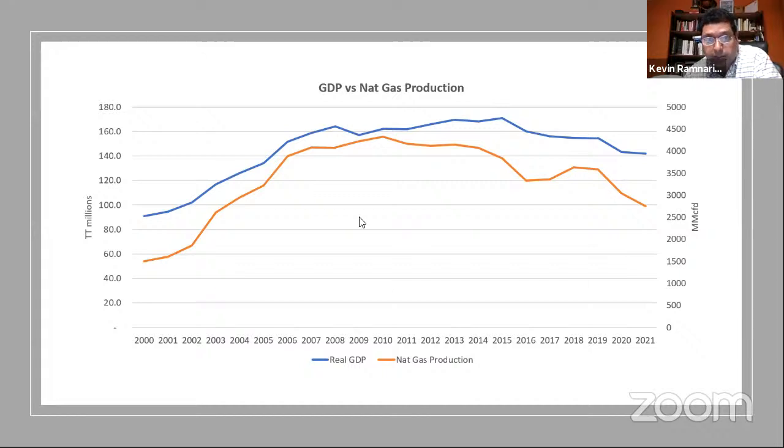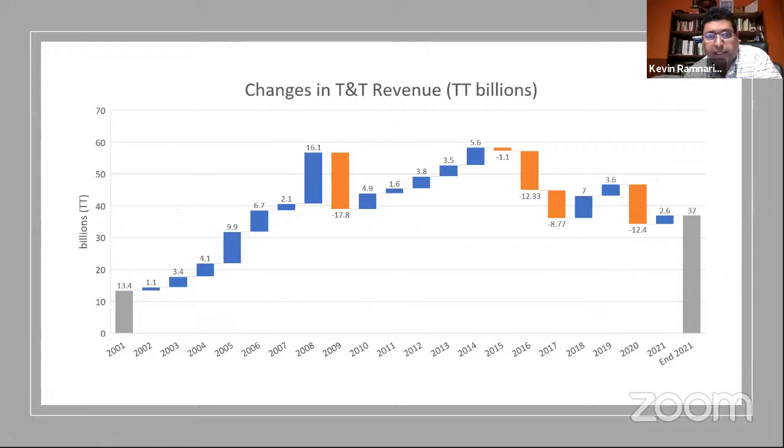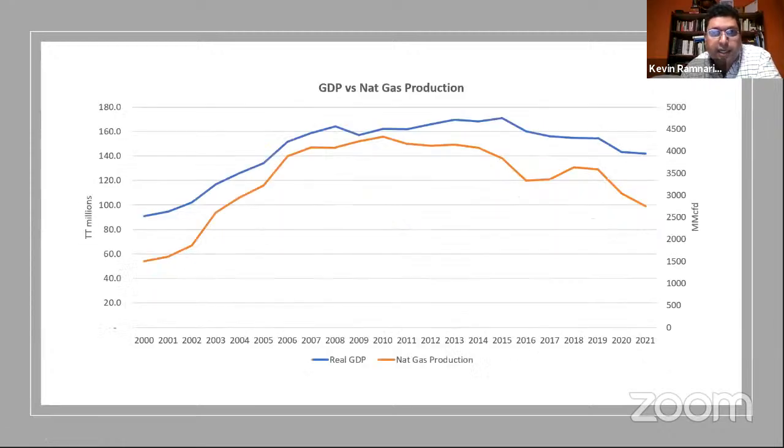So we've gone backwards. We've traveled backwards in time to the year 2006 and 2004 from a GDP and gas perspective. And from a revenue perspective, I can tell you that $37 billion collection of revenue in 2021, if you go back in time, you're going back to the year 2006. So in many ways, we have moonwalked back into the last decade. And this is just a reality.